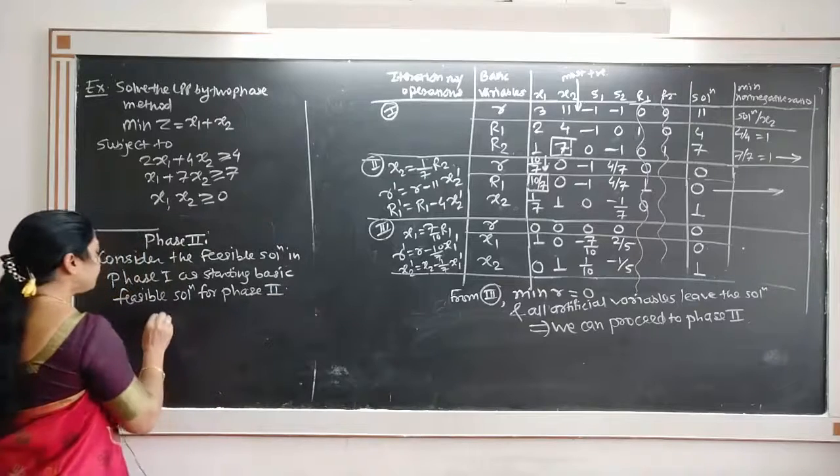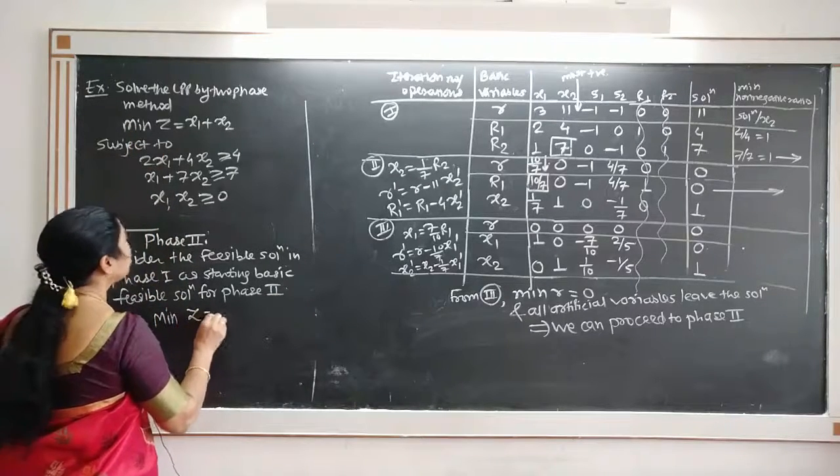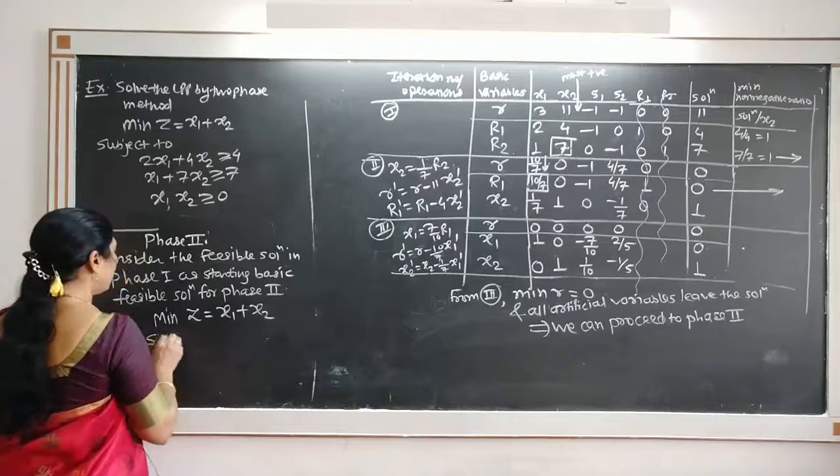Now our objective function is as it is, the original objective function: minimum z is equal to x1 plus x2 subject to constraints.